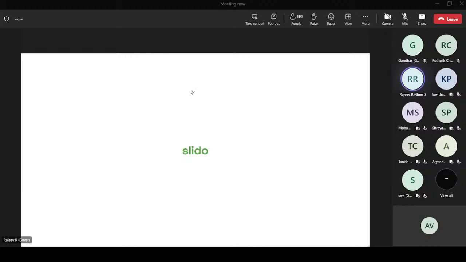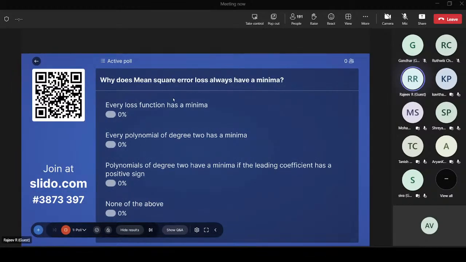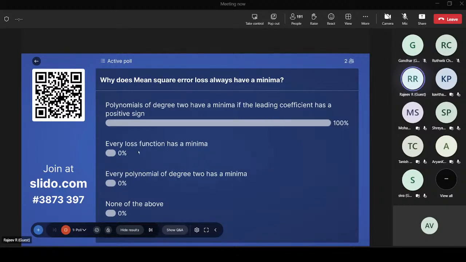The QR code is shown and you can also join using the link or using this number. I told you what a mean squared error is, so you can start answering. The QR code is here, and we have some responses.